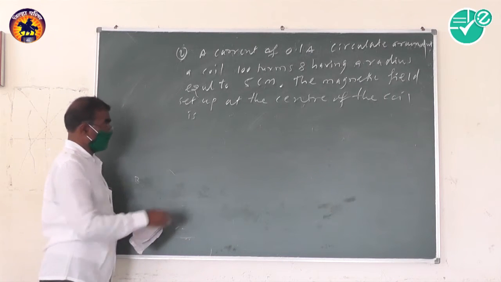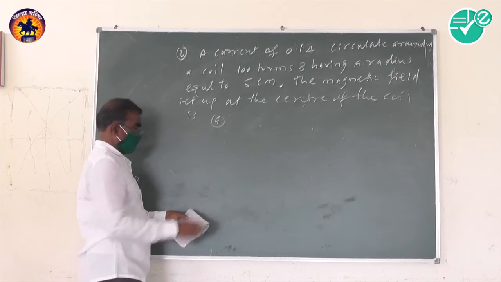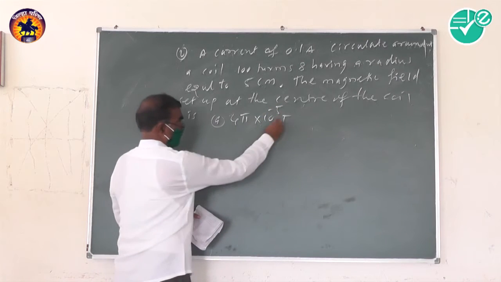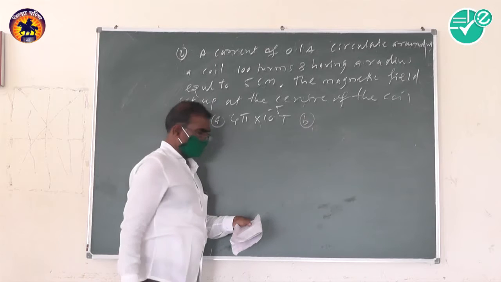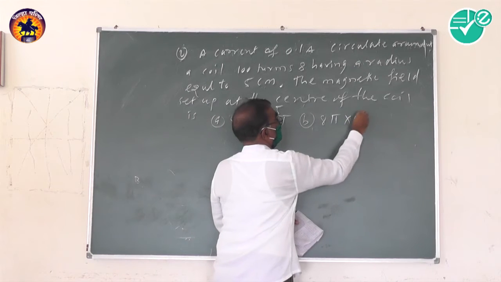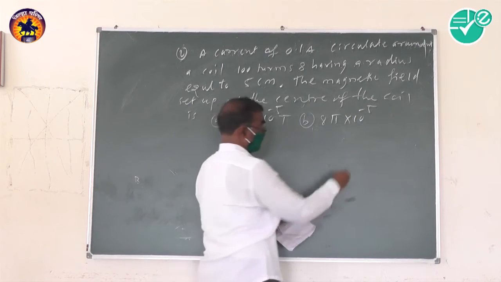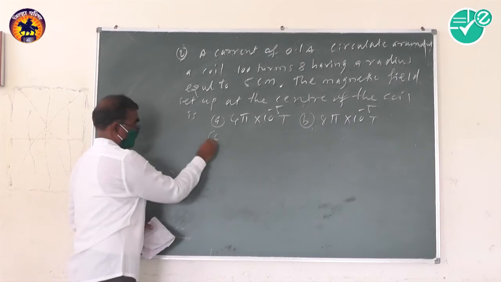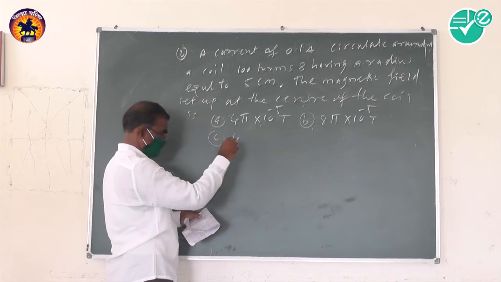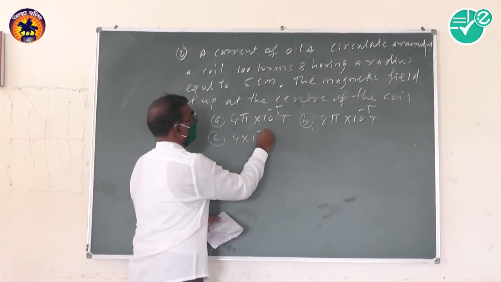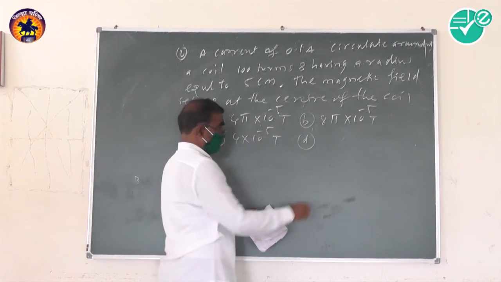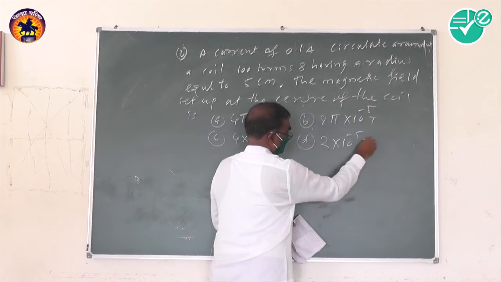Multiple choice A is 4 pi into 10 raised to minus 5 Tesla. B, second multiple choice, is 8 pi into 10 raised to minus 5 Tesla. The multiple choice C is 4 into 10 raised to minus 5 Tesla. Multiple choice D is 2 into 10 raised to minus 5 Tesla.